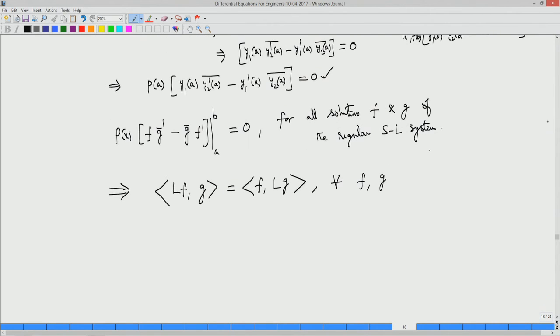So that makes L Hermitian. This implies L is Hermitian or self-adjoint, you can also call it self-adjoint or skew symmetric, and you are not in the finite dimensional, you are in the infinite dimensional space.